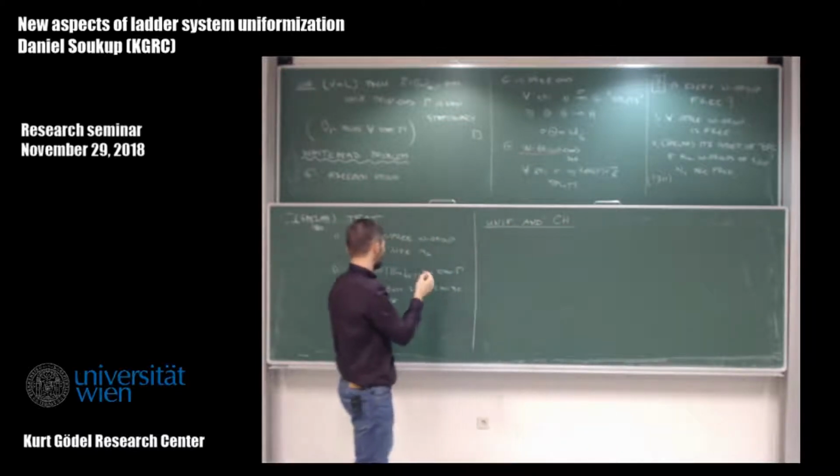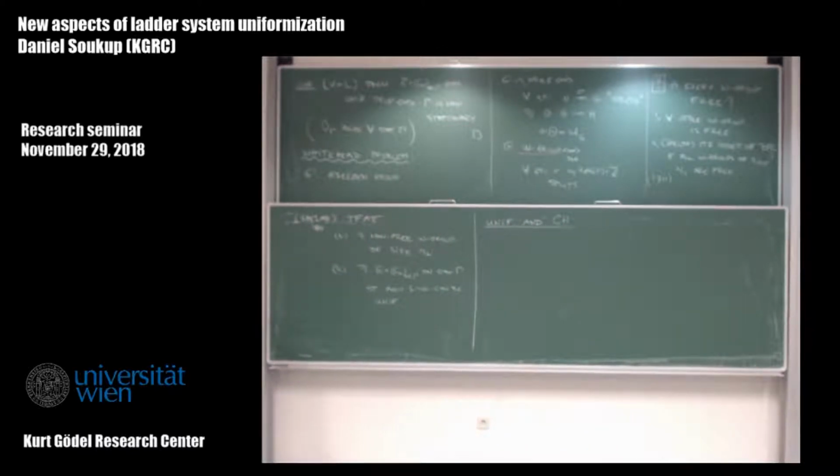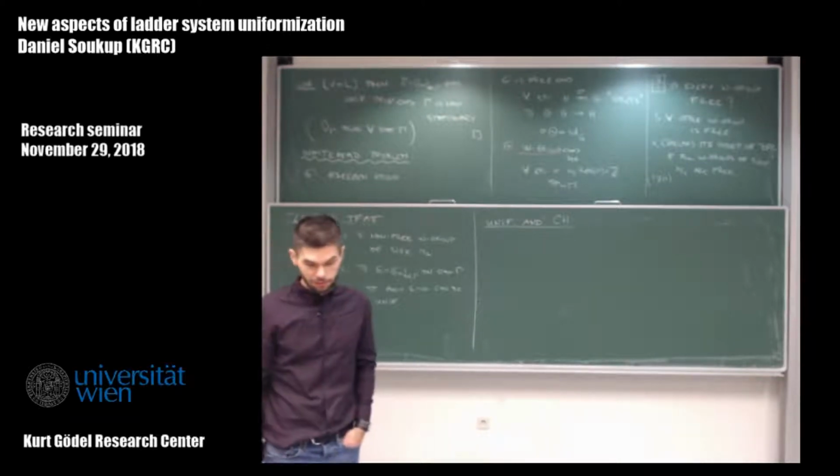So there are many other examples of applications. Uniformization comes up in various topological examples. It comes up in some interesting graph theory and chromatic number problems. But I'd like to talk more about the basic combinatorics and the basic forcing and consistency results about uniformization.